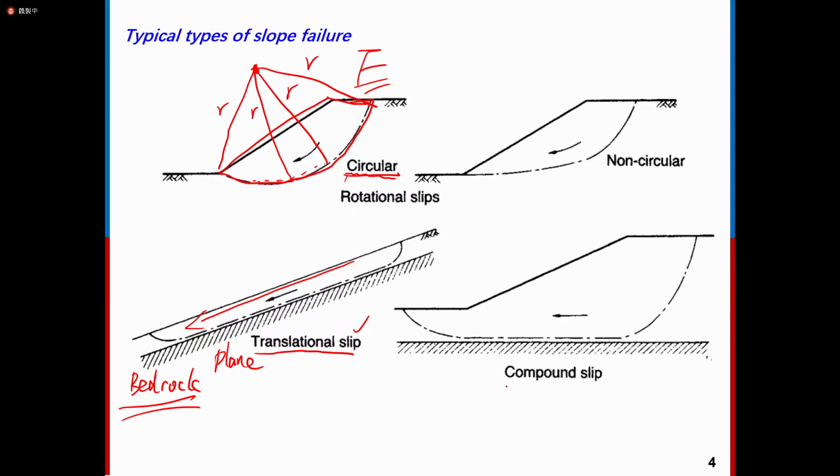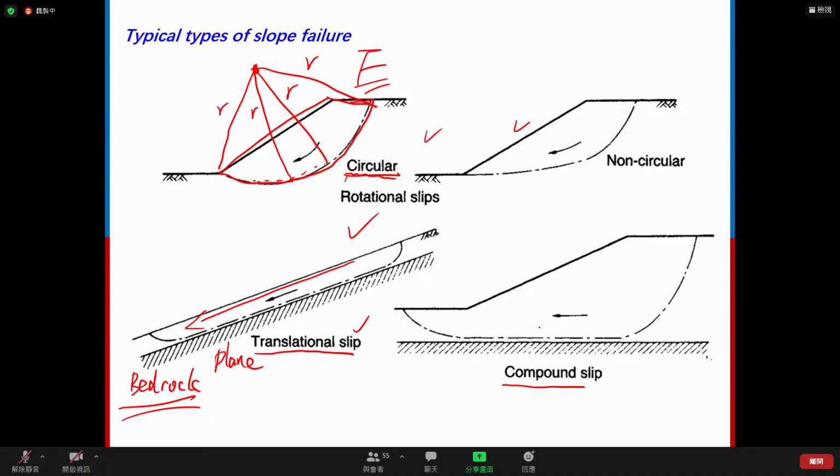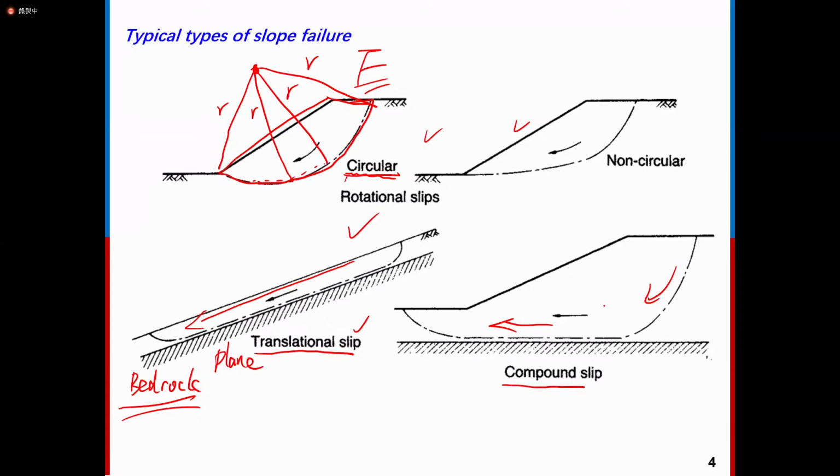And the fourth one is compound slip. Compound slip means a composition of different types of basic slip. You can see here it is more like a translational slip, here more like a circular slip, and here more like a non-circular slip.